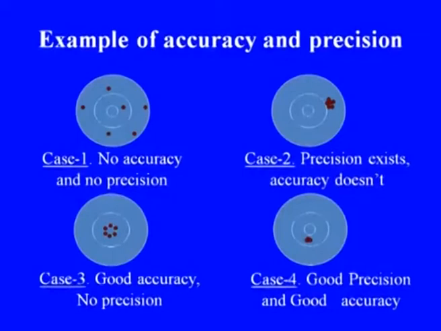On the other hand, the fourth case represents a case where both good precision and good accuracy exist. In this case, bullets are being fired very near to the target and all shots are concentrated very near.